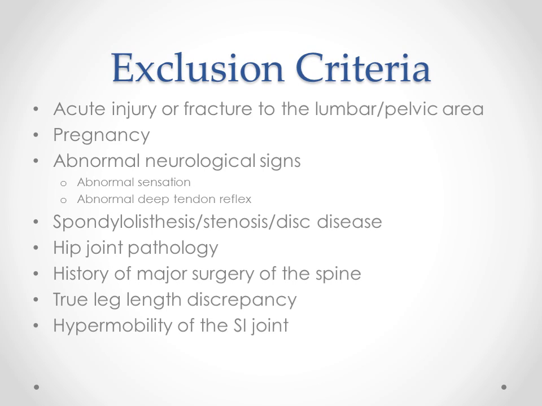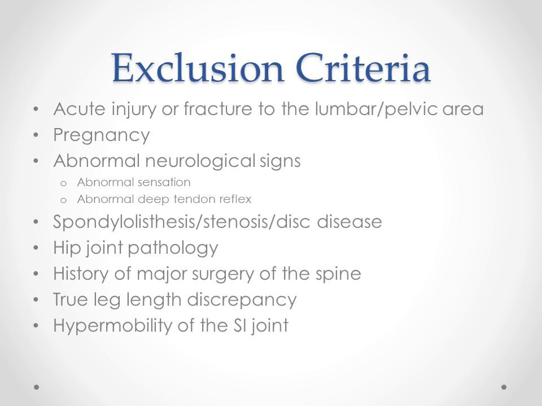Some of the exclusion criteria: I'm going to rule out subjects that have had acute injury or fracture to the lumbar pelvic area, any pregnant subjects, anyone with abnormal neurological signs such as abnormal sensation or deep tendon reflexes, any other long-standing spine diseases, spondylolisthesis, stenosis, disc disease, etc., hip joint pathology, a history of a major surgery of the spine, a true leg length discrepancy.